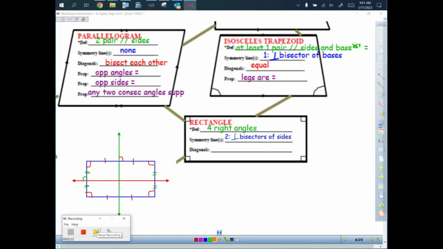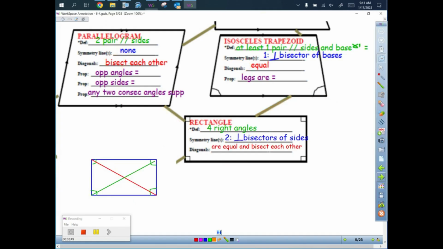Last time we talked about peanut butter every day. Don't you have a big capital B underneath this parallelogram because the diagonals bisect each other? And don't you have a big capital E underneath here because the diagonals are equal to each other? Let's put them together. What should be true about the diagonals of a rectangle? What does the B mean? They bisect each other. And what does the E mean? They are equal.